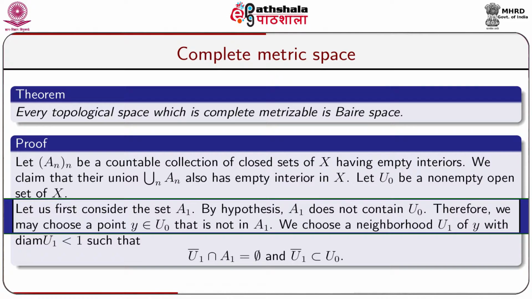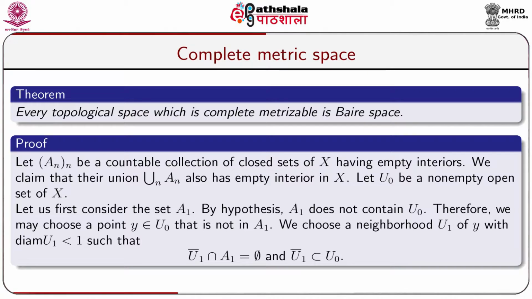Let us first consider the set capital A1. Since A1 has empty interior, it does not contain U naught entirely. Therefore, we can choose some y in U naught that is not in A1. We choose a neighborhood U1 of y with diameter of U1 less than 1 such that U1 closure intersection A1 is empty and U1 closure is contained in U naught.